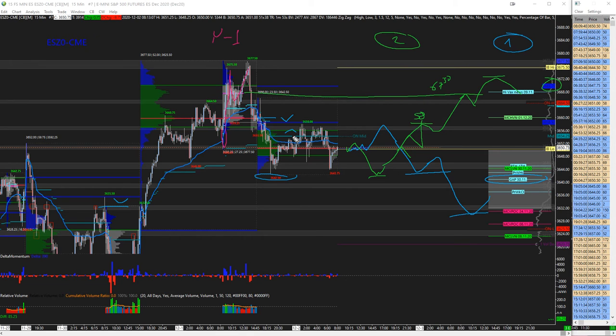Which is not far really, and then stock zone at 64, just below the VPOC. Okay, so that was scenario 2.